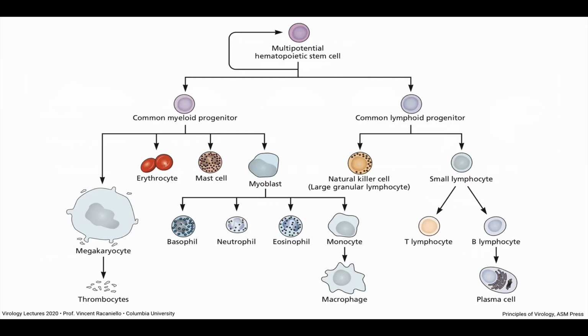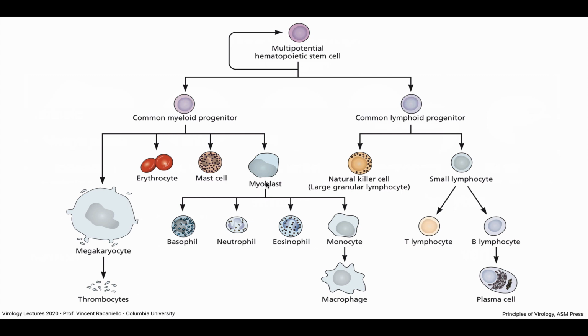All cells within the blood are derived from a common precursor, the multipotential hematopoietic stem cell. This is a self-renewing stem cell population which exists in the bone marrow, and it gives rise to two additional precursors. One is called the common myeloid progenitor, and that differentiates further into red blood cells or erythrocytes, mast cells, and myeloblast.